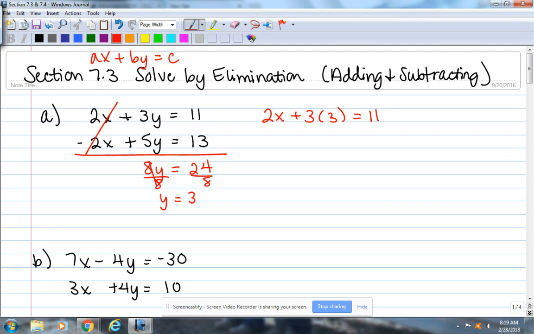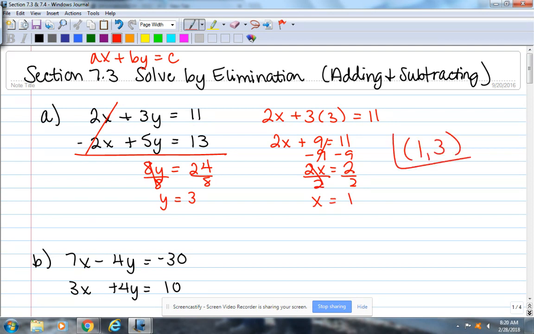So you eliminate in the first step, and then you substitute in the second step. And what is 3 times 3? So 2x plus 9 equals 11. And then I solve it for x. Subtract 9. 2x equals 2, and then what? And x equals 1. So what's my ordered pair for my solution here? 1, 3.